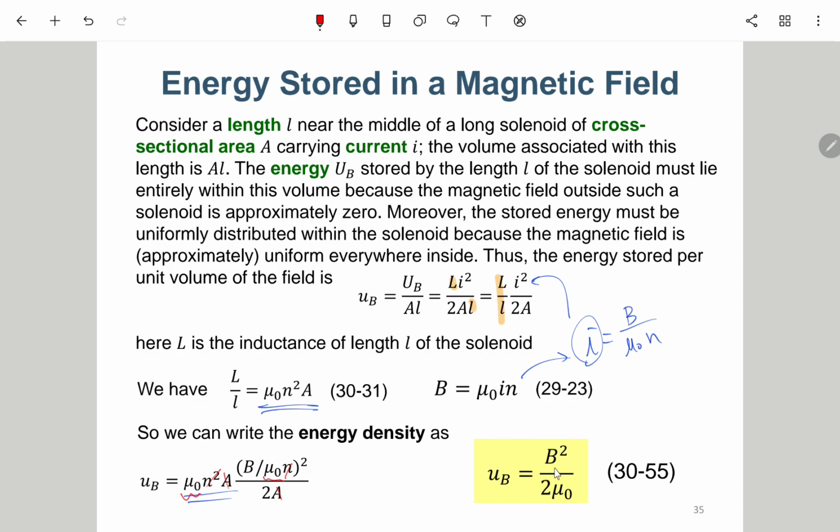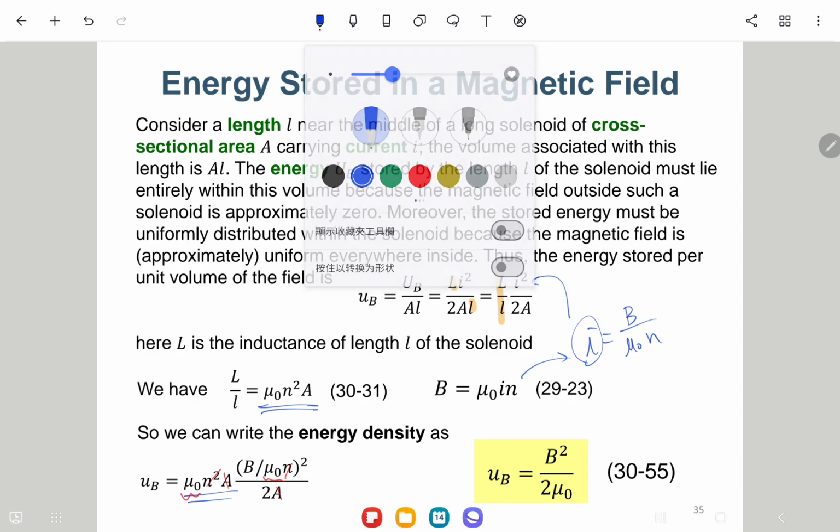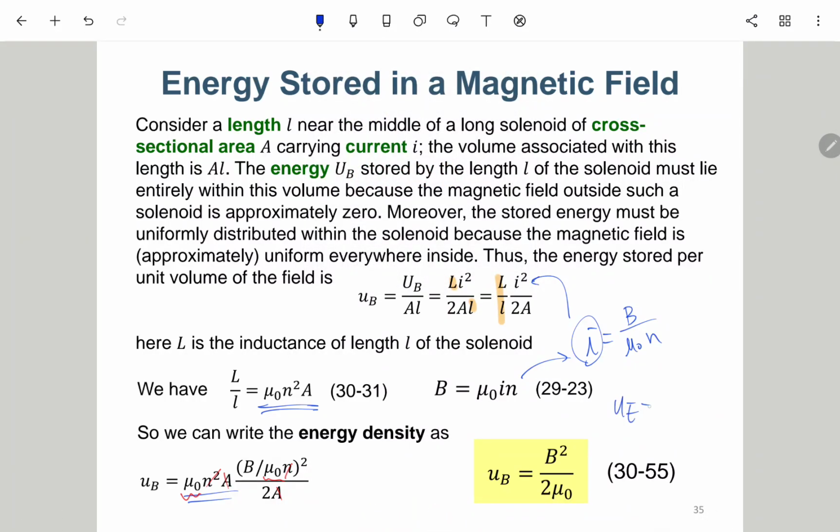If you still remember, what is u_E? u_E is 1/2 epsilon naught E squared.